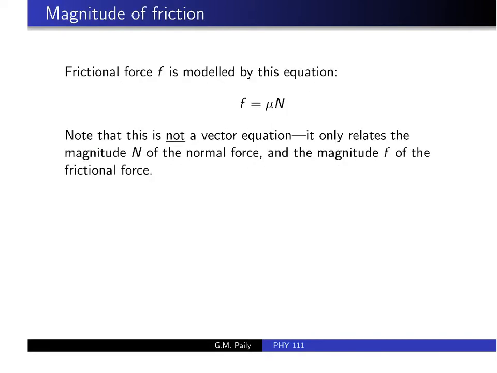The frictional force is modeled by the equation F equals mu N. Notice that this is not a vector equation. It only relates the magnitudes of the frictional force and the normal force. At the moment, this is not yet a correct equation because I haven't yet specified is it static, is it kinetic, and so on.